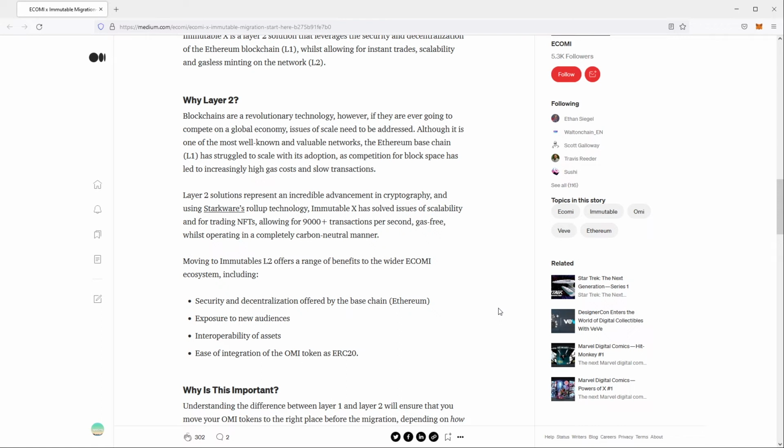So moving to Immutable layer 2 offers a range of benefits to the wider ECOMI ecosystem, including security, decentralization offered by the base chain Ethereum, exposure to new audiences, interoperability of assets, and ease of integration of the OMI token as ERC20.